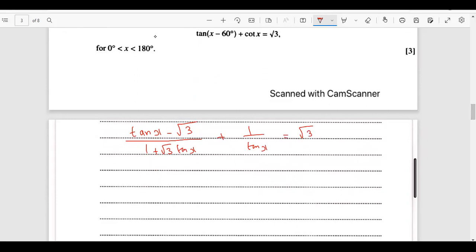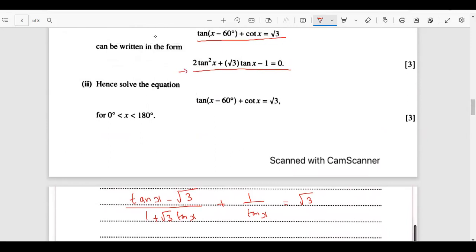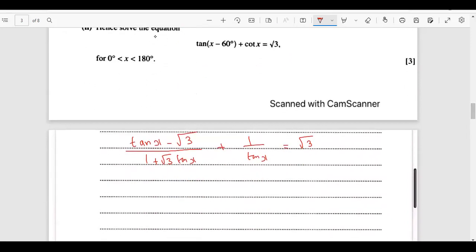Now we take a common denominator. Yes, we need to take the LCM because I do not have anything in the denominator over here. I'll take the LCM: the product of both the denominators, that is 1 plus root 3 tan x into tan x.